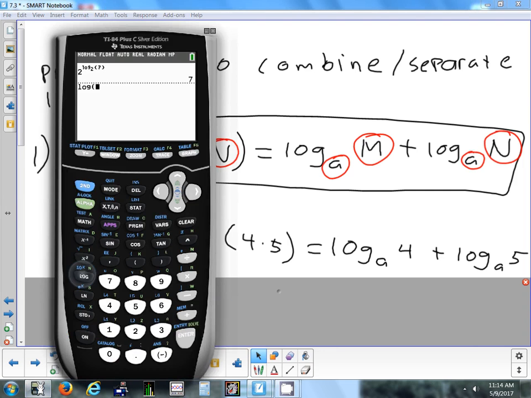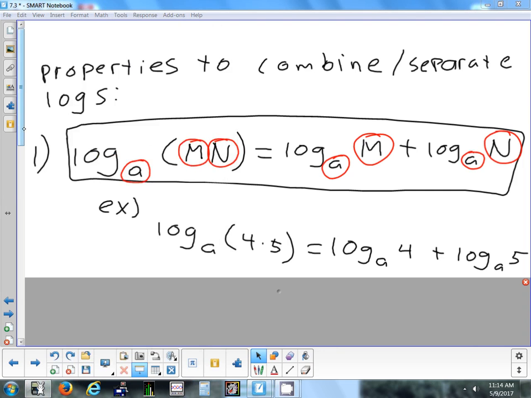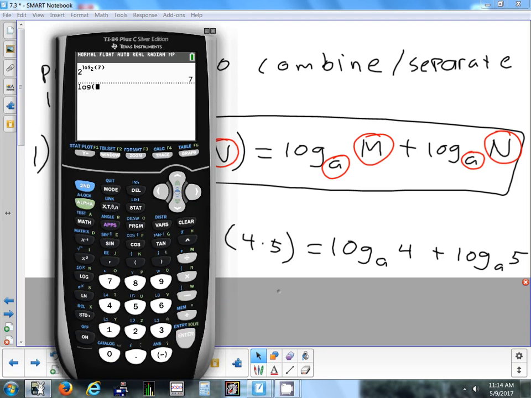So I'm going to type in the log of 4 times 5. Type that in. Log of 4 times 5. And notice what I get. I get about 1.3. Now I'm going to type log 4 plus log 5. And I get the same thing. Okay. So I'm not going to do that for every problem, but I'm just showing you that you can take a product and split it apart as a sum.